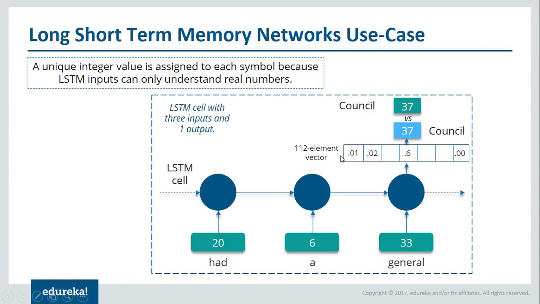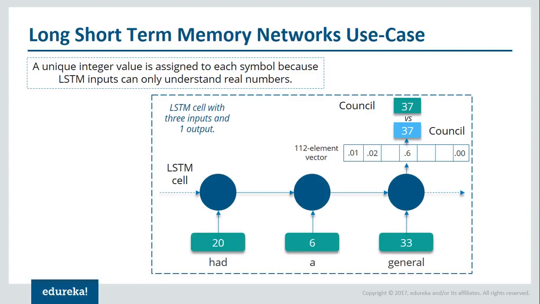So this is nothing but me trying to depict a 112 element vector. And there will be a probability given to each and every unique symbol attached to that particular vector. All right, so the value 20 is attached to had, 6 is attached to A, 33 is attached to general. Similarly, 37 is assigned to council. Similarly, there are 112 values assigned to different types of symbols.